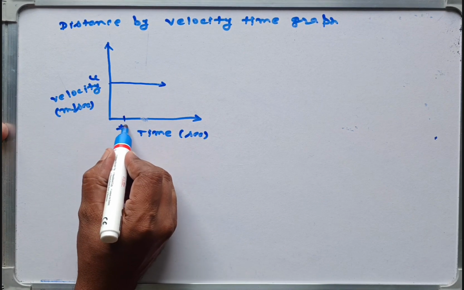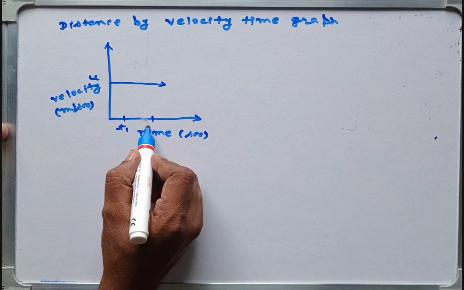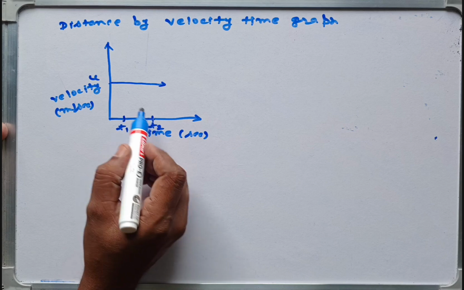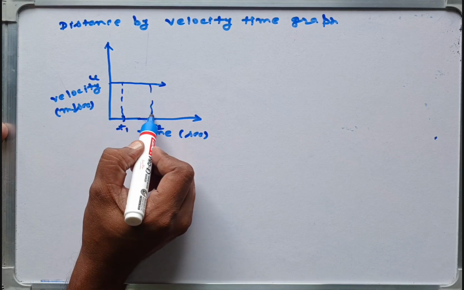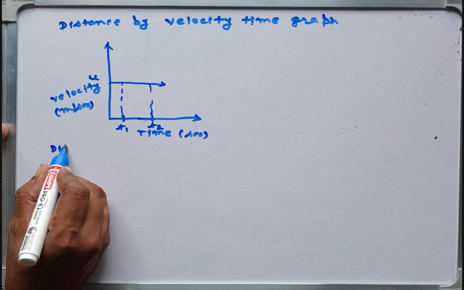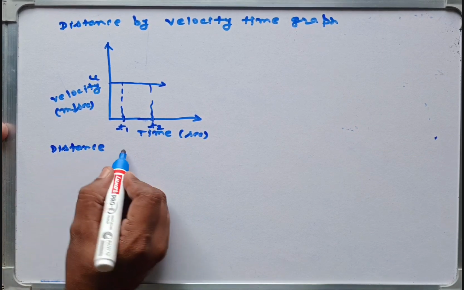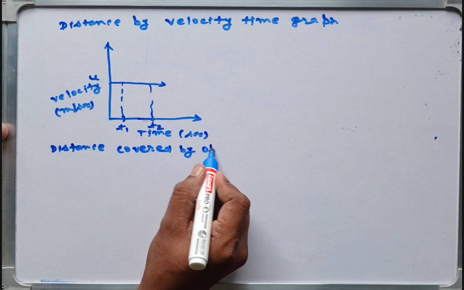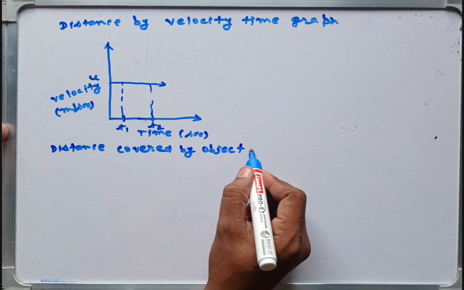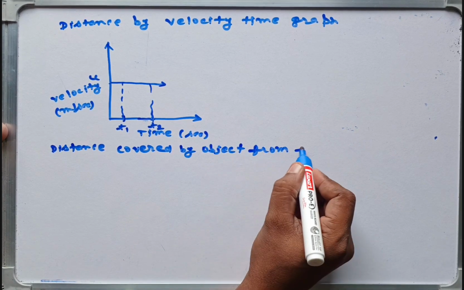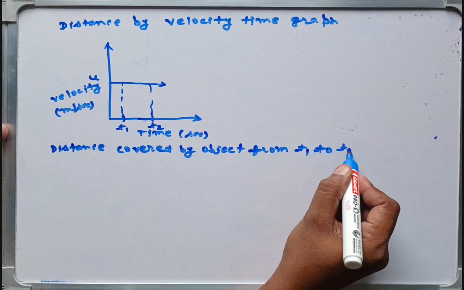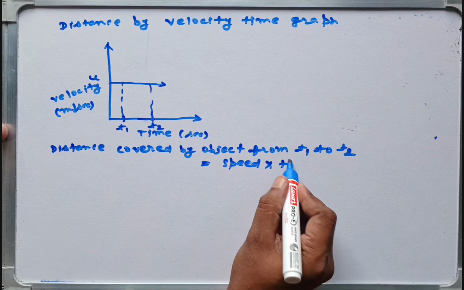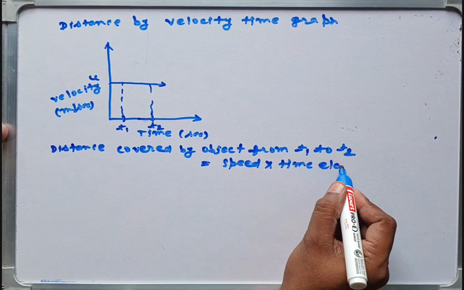So if the particle motion is constant between time t1 and time t2, then the distance covered by the object from t1 to t2 equals speed into time elapsed.